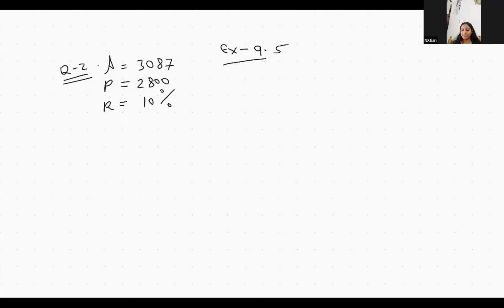Okay. All right. So these were the figures given. And first thing is we just put the amount formula. We have to find out what it was compounded half yearly, and we have to calculate the time period or n.